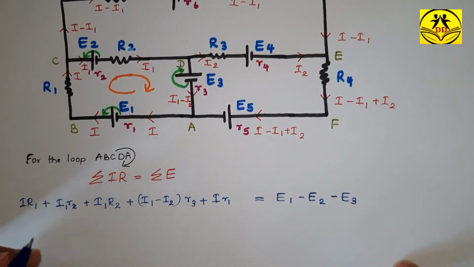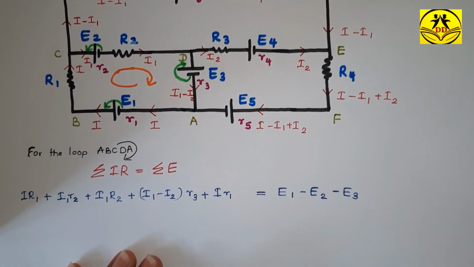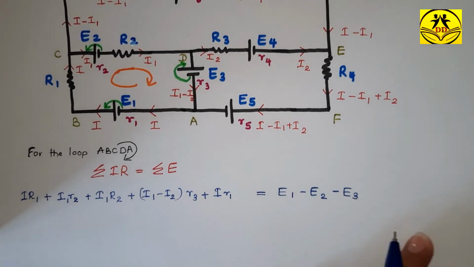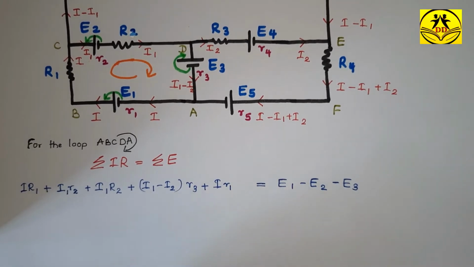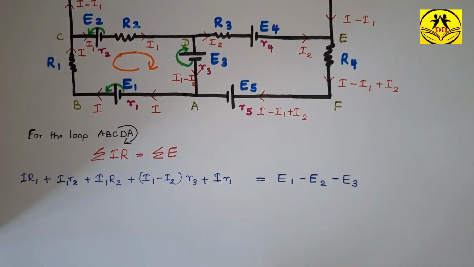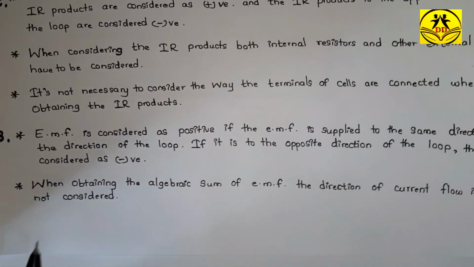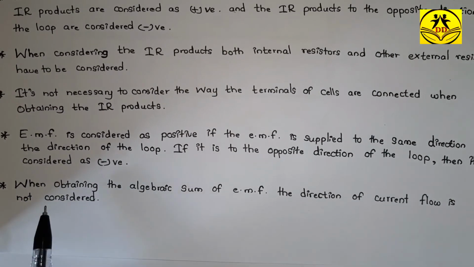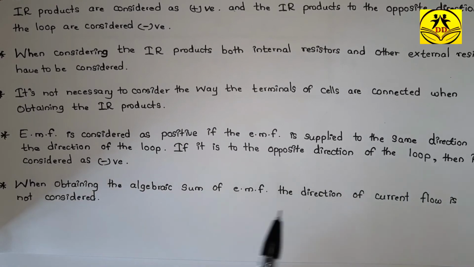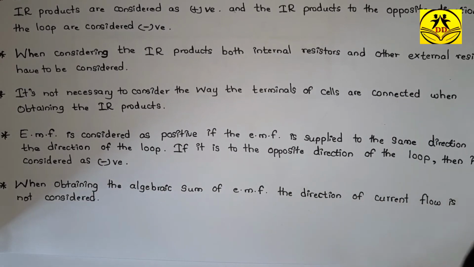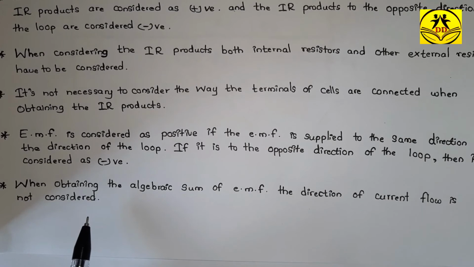So this is how you apply Kirchhoff's law to this loop and write the relationship. So finally then you can solve this. I won't solve everything here. You can solve this and get the relationship. So when obtaining the algebraic sum of EMF, the direction of current flow is not considered.